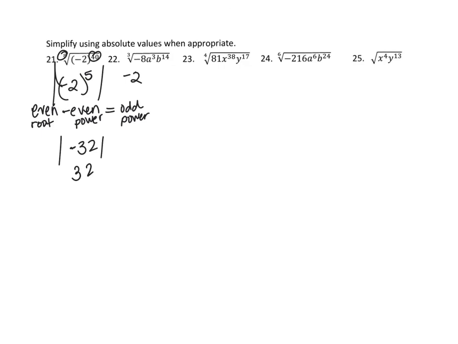The cube root of a cubed is a. And 3 doesn't go into 14 evenly, so we get the cube root of b to the 14th. Well, 3 goes into 14 4 times. So there's 4 b cubes in there, so that's b to the 4th. And what's left over is 2.